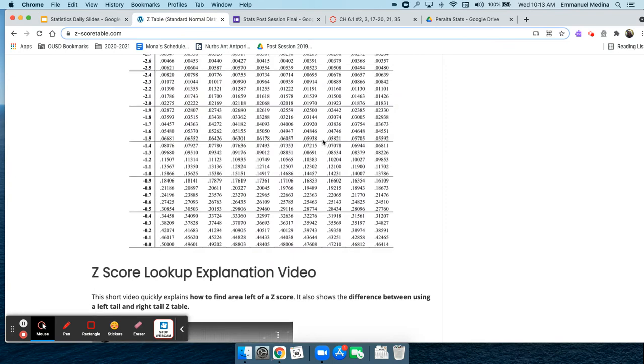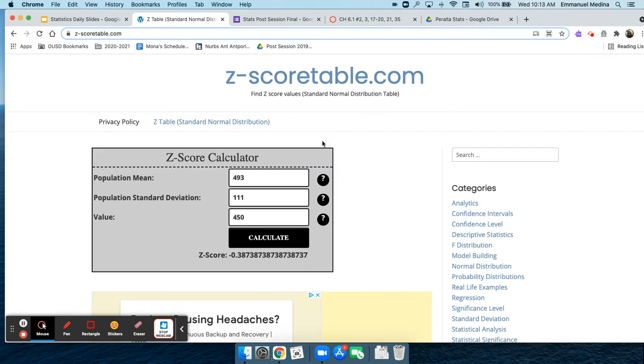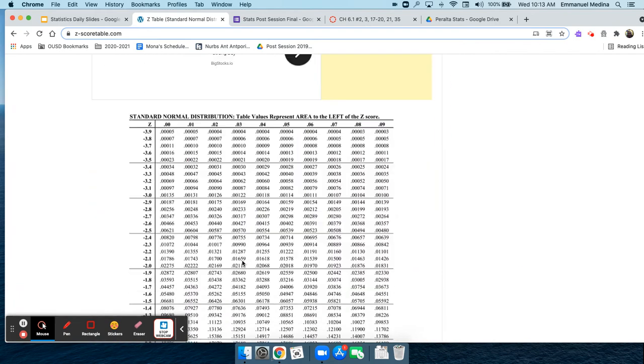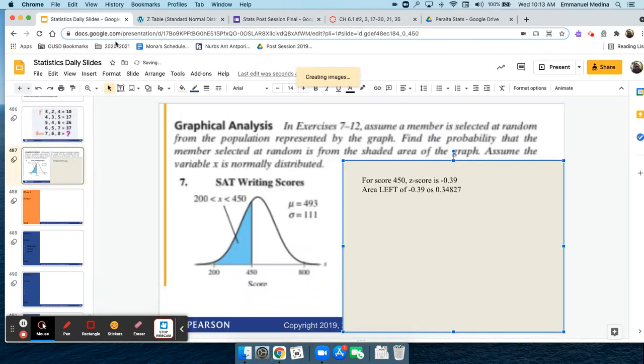So going back up here, instead of 450, I'm going to put in 200, and that should give me a really small number. There's negative 2.63. Now I'm going to round that up to negative 2.64.